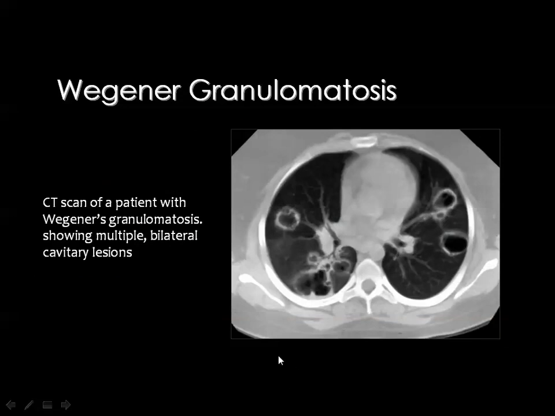Then this is the usual or familiar appearance of Wegener granulomatosis, the presence of multiple cavitating pulmonary nodules.